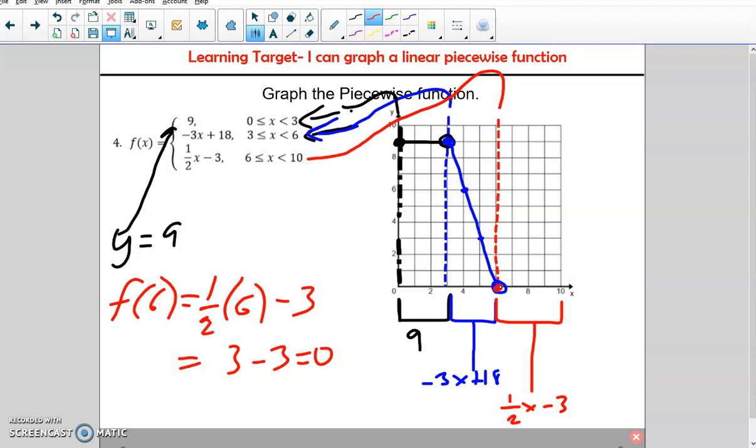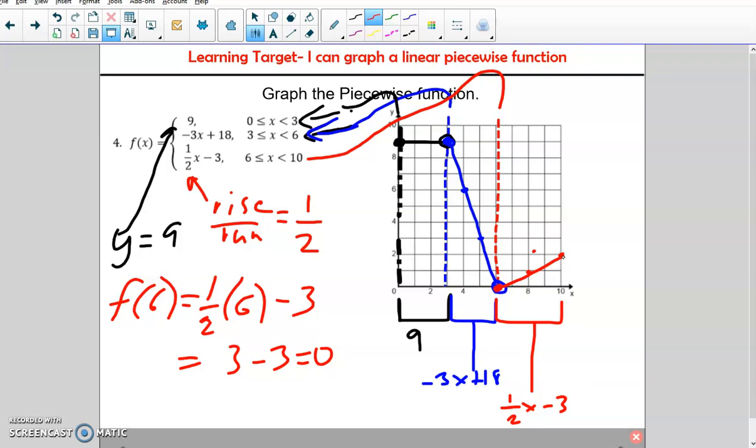Now, once again, with linear, what you can do is look at just the slope. Here we have rise over run equals 1 over 2. So we're rising 1, moving over 2. Let's rise 1, move over 2, rise 1, and move over 2. Remember, we're starting at this y equals 0 value. So this then is my line.